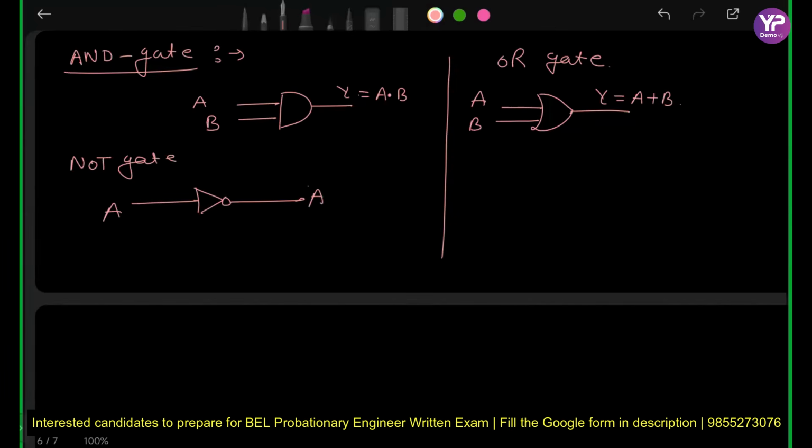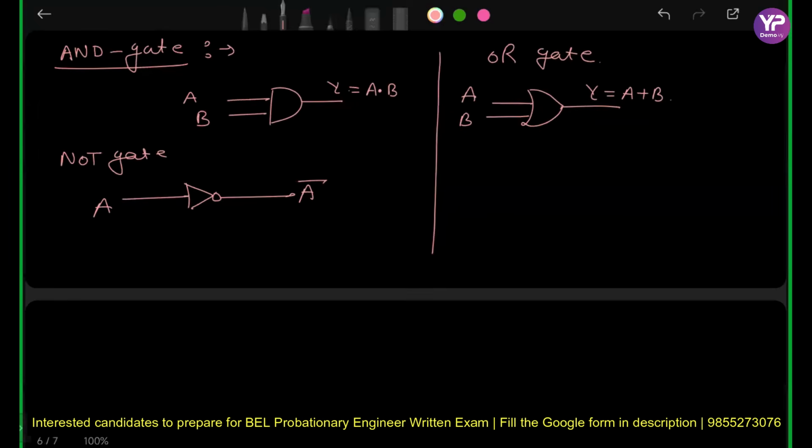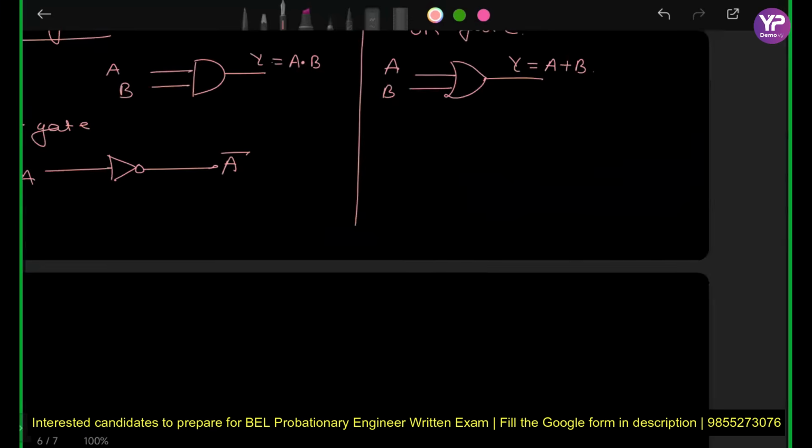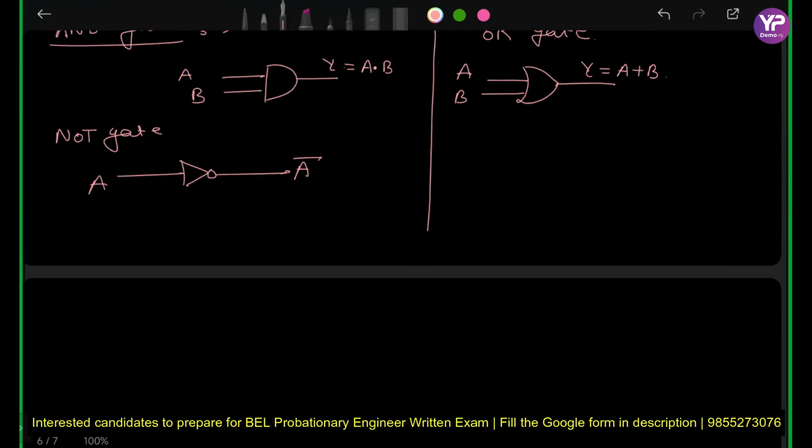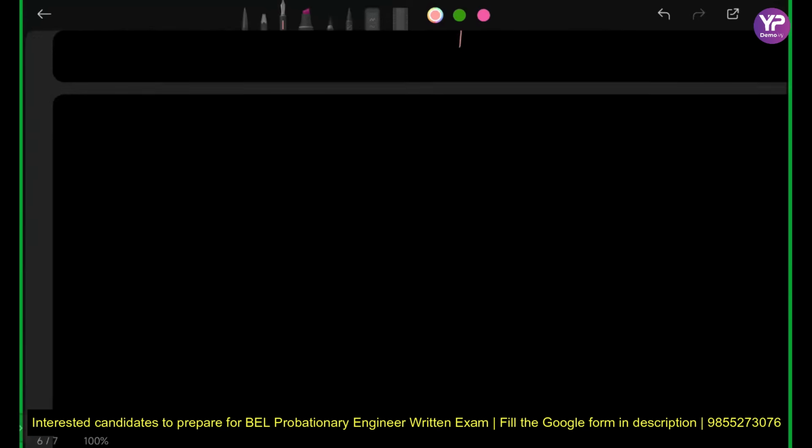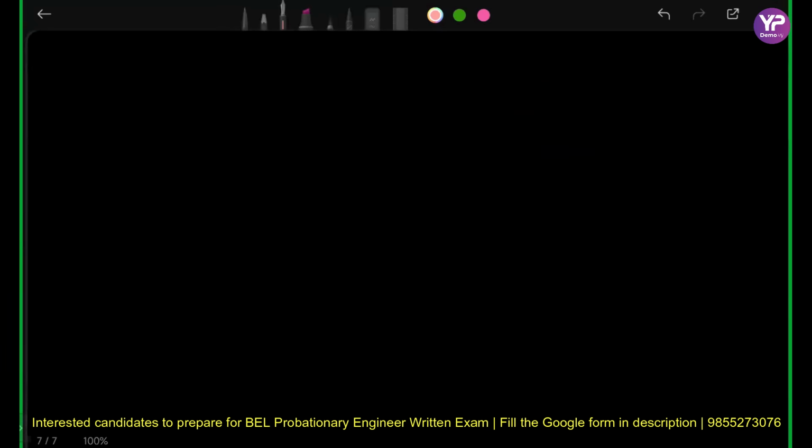This is A, this is A bar, again output is Y. Truth tables I already discussed, so I'm not going to discuss them again. Yeah, this is NOT gate. Now we are moving to the next category.